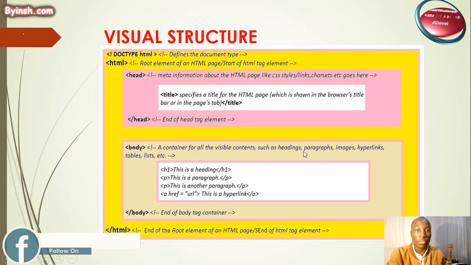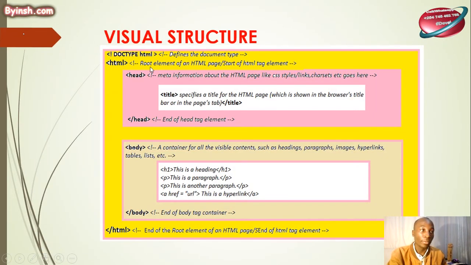Now this is the visual structure of an HTML. From now henceforth, you need to know that HTML uses tags so that browsers do not display the tags, but use them to know how to display the content. This is how we shall be structuring our HTML as we progress.